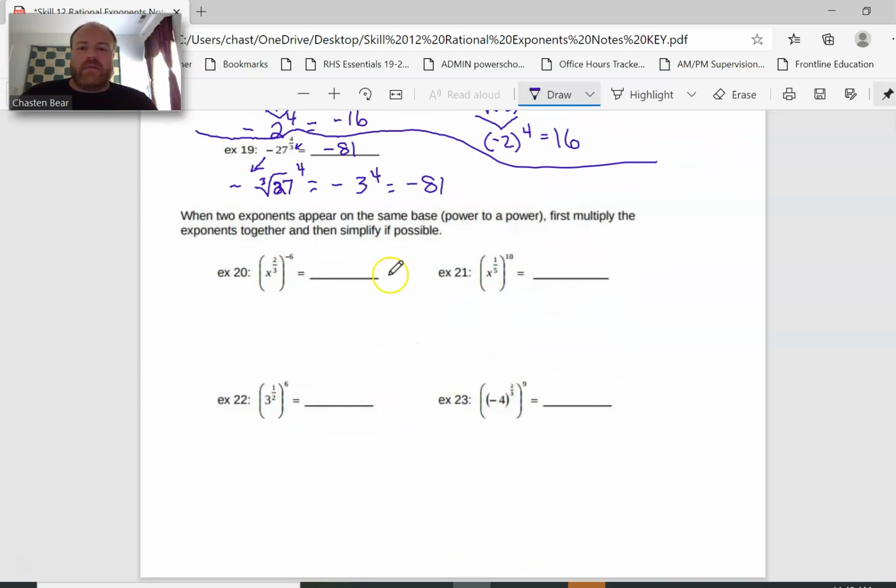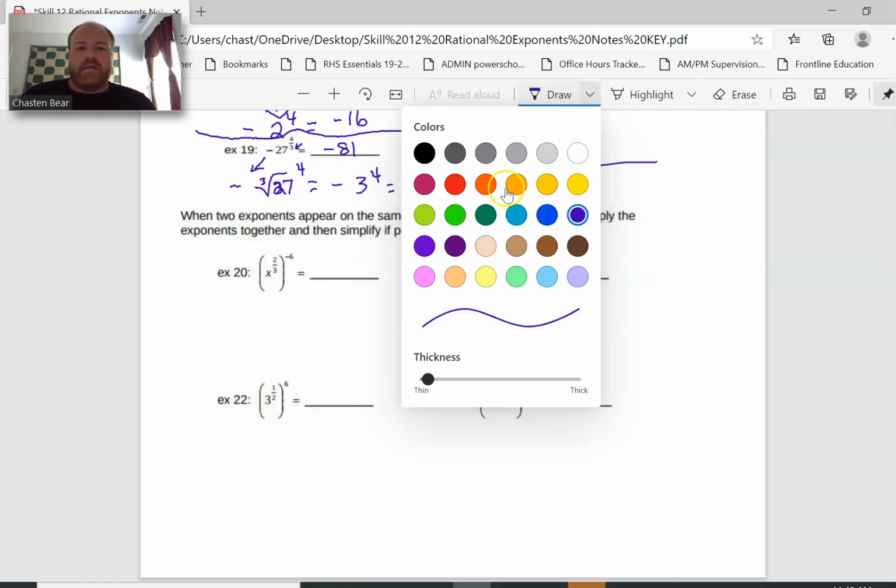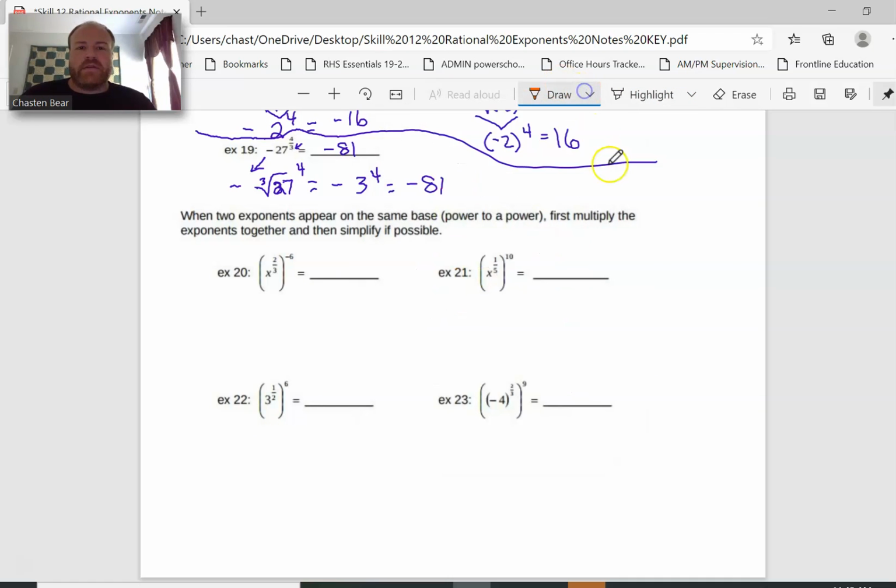Now, the last piece that we're going to look at is how to use our power to a power and simplify. So this is why we are going to remember that when you have a power raised to a power, you just multiply your powers, and in this case we'll be multiplying fractions. So I have x to the 2/3 times negative 6 over 1, which gives me negative 12/3, which is negative 4.